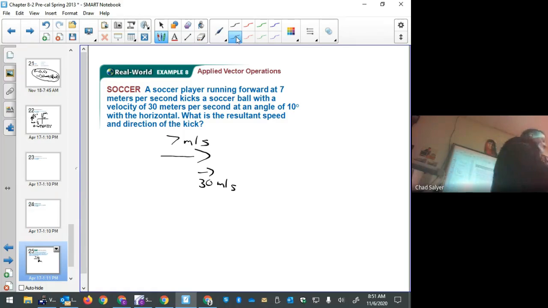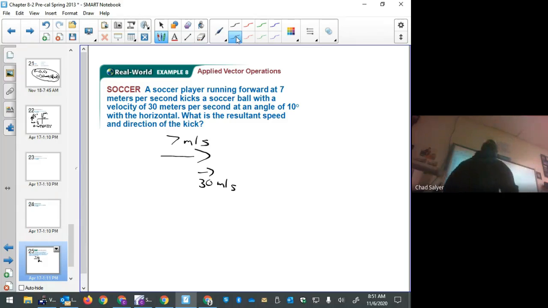So he's running, or she, and 7 meters per second is his body's momentum. 30 meters per second is his or her foot's momentum. And then we have 10 degrees to the horizontal for that soccer ball.